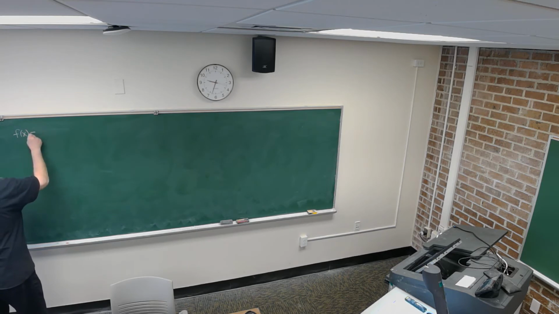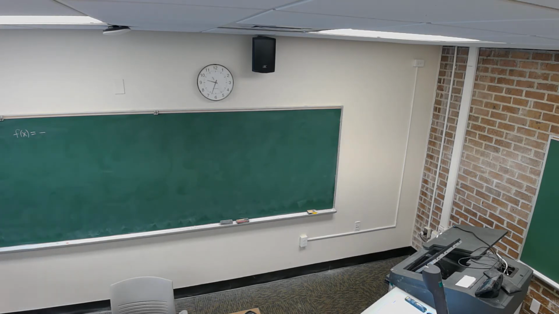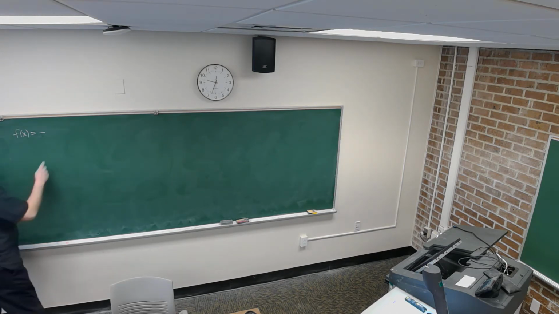So I'm going to write it down. f of x is equal to negative. Now, this minus sign out front here, that's minus 1. The 1 is invisible, so I'm going to write it out.